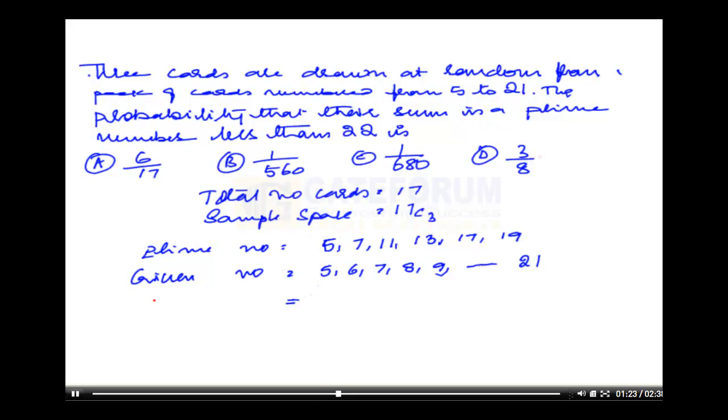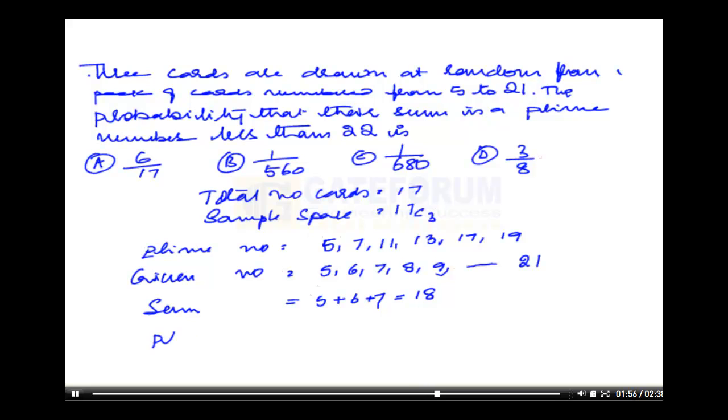Let us consider the sum of the least numbers, that is 5 plus 6 plus 7, which is equivalent to 18. So therefore, if you add any three cards, you will always get a number more than 18, not less than 18. Therefore, there is only one prime number more than 18 and less than 22, that is 19.